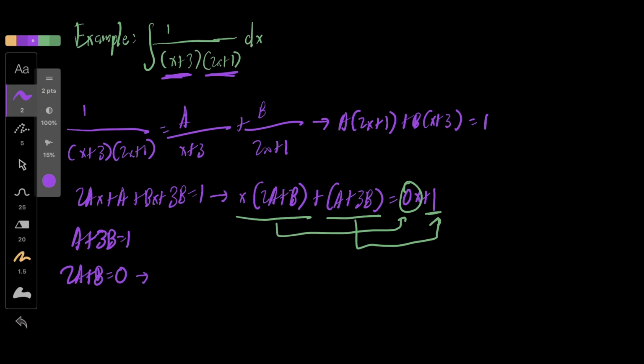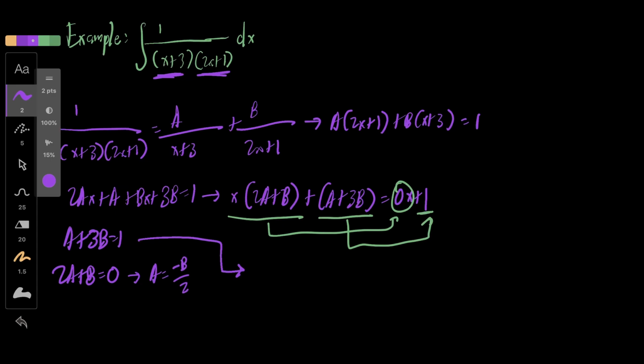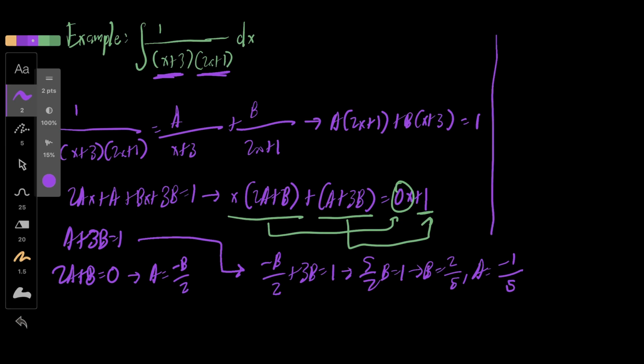So, we have a is equal to negative b over 2. Plugging that in gets negative b over 2 plus 3b is equal to 1. So that means 5 by 2 b is equal to 1, and b is equal to 2 by 5, and a is equal to negative 1 by 5. From there, all we have to do is just plug it in.